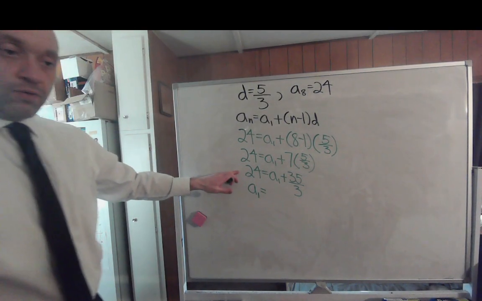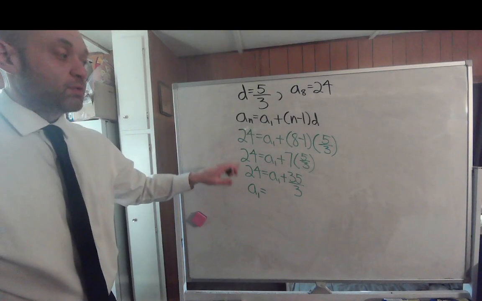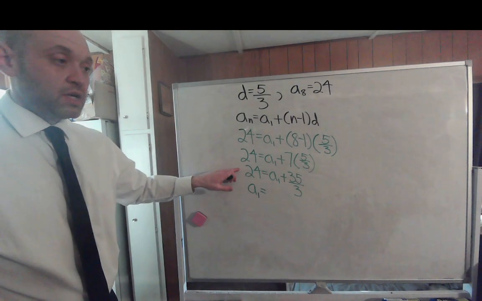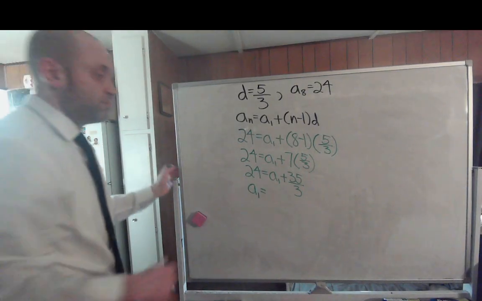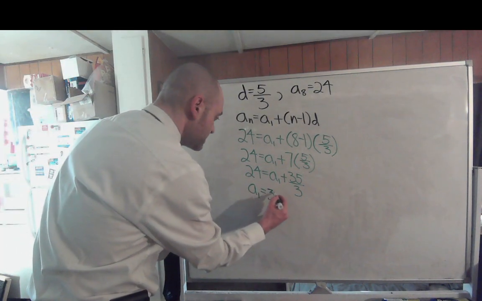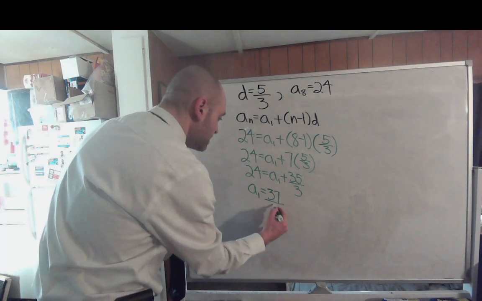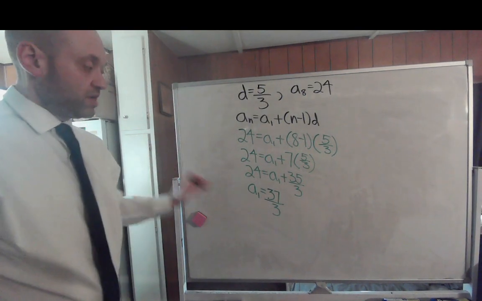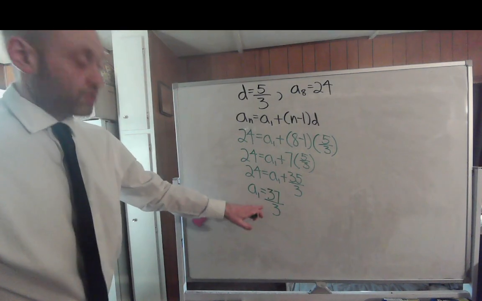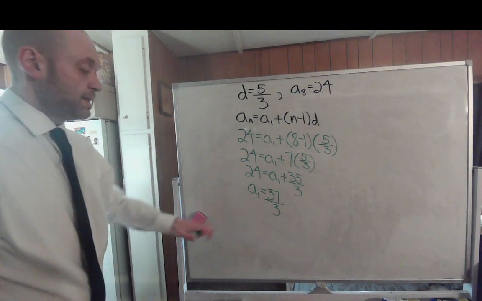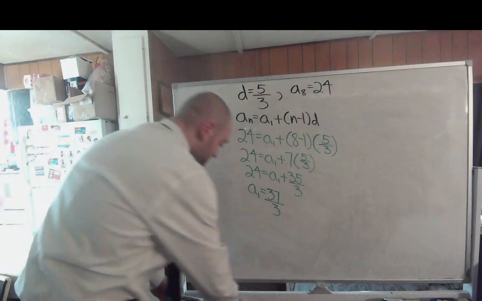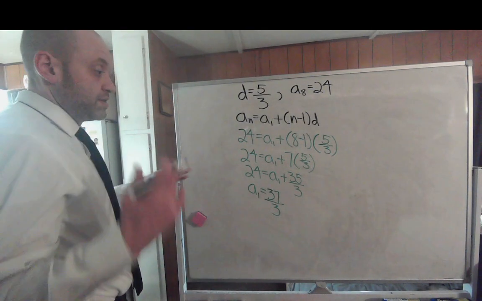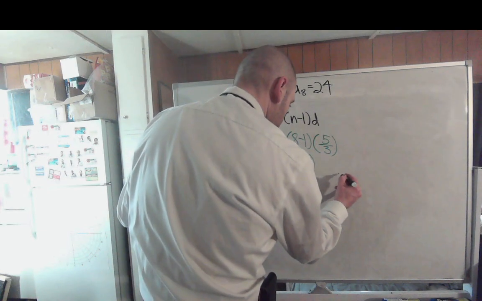What is 24 in terms of a denominator of 3? Well, that's 72 minus 35, that would be 37/3. So your first term should in fact be 37/3, okay? Now we have a chance to find the term for the nth term of the sequence.